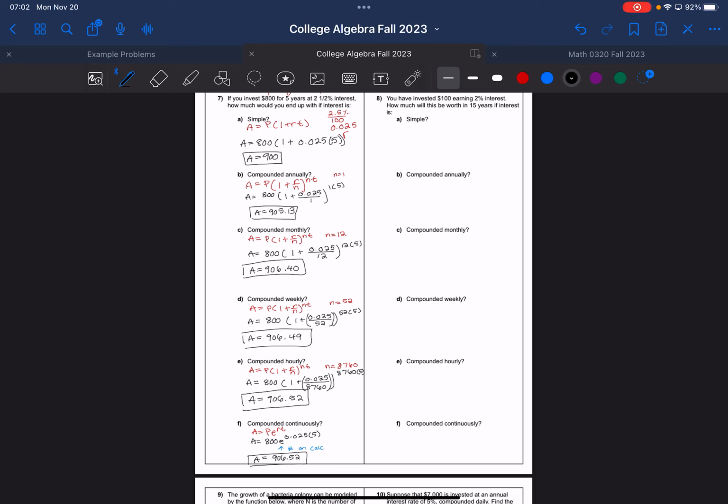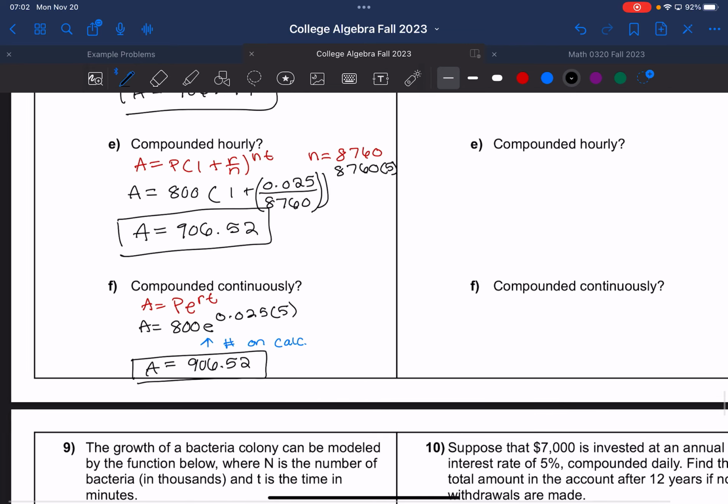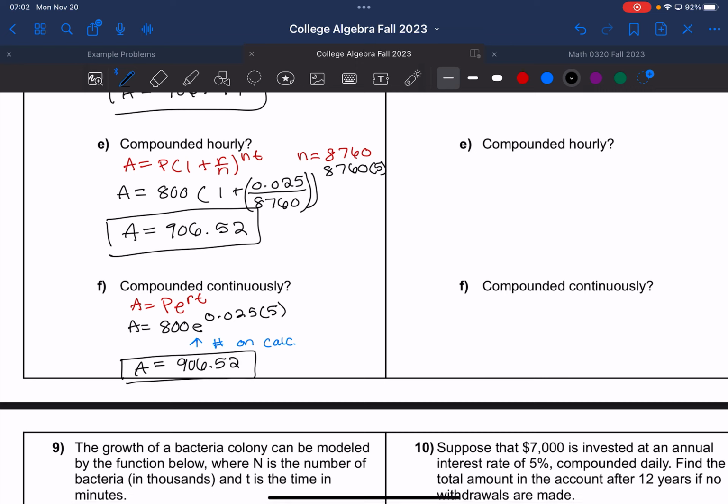Which part in this answer? A, B, C, D, E, F? Yeah, F or E, because they came out to the same answer here. So in this case, it would be better to compound hourly or compound continuously, since they gave us the same amount and it was the greatest amount.